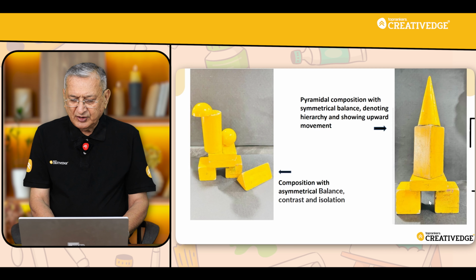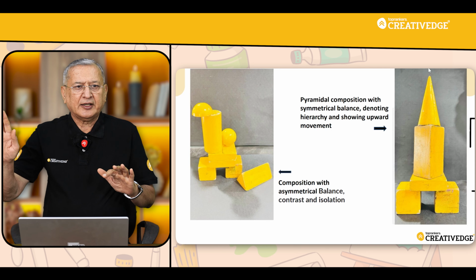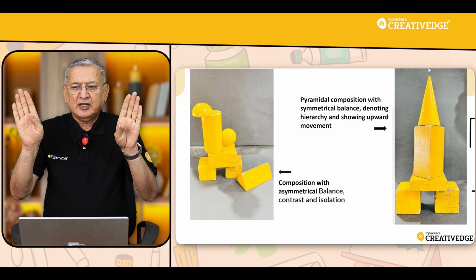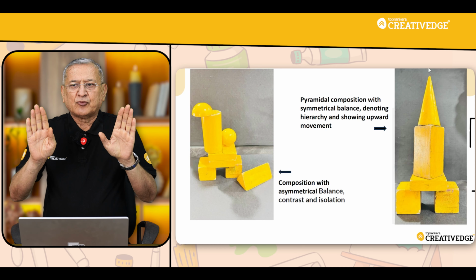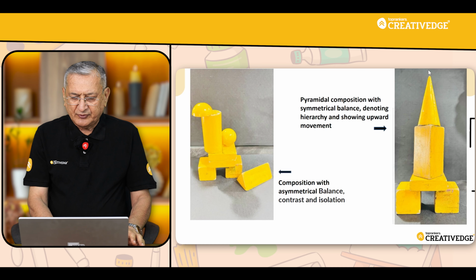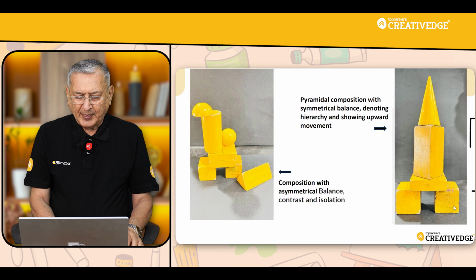Symmetrical means you divide the whole arrangement into 2 parts, left and right, and they are almost mirroring each other. That is what symmetrical design is, and that is how you can divide it from the middle with a vertical line, and the left side mirrors the right side.